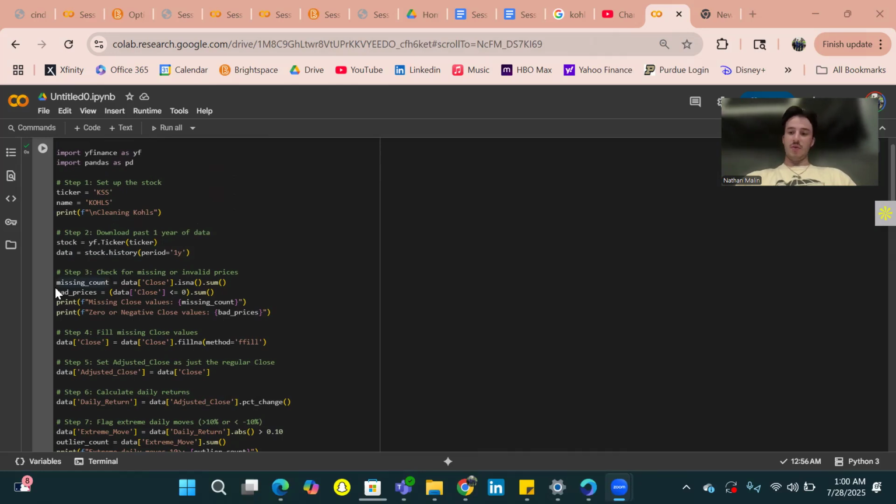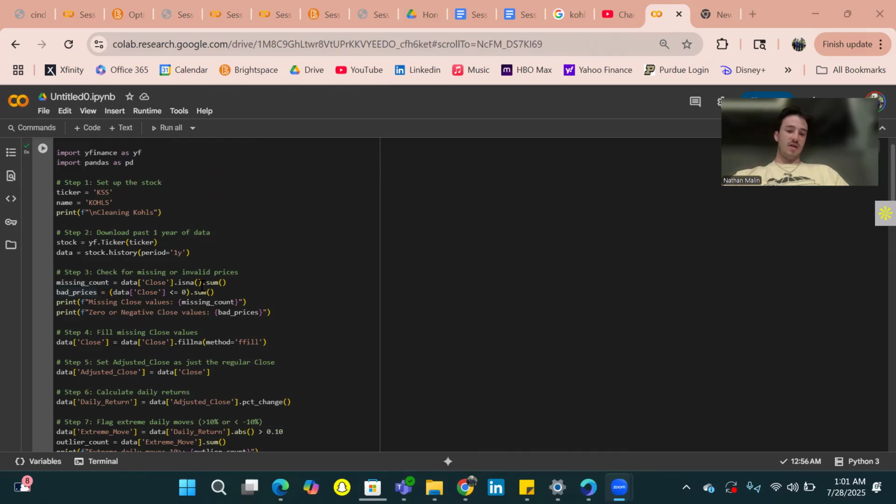And I use a few indicators or a few ways I try to clean this data and try to flag things with this data. Obviously the first thing is to identify which is actually missing and what needs to be cleaned. So our missing count is the first thing I chose, to see if there's any missing data that shouldn't have been there, like an NA or something like that.